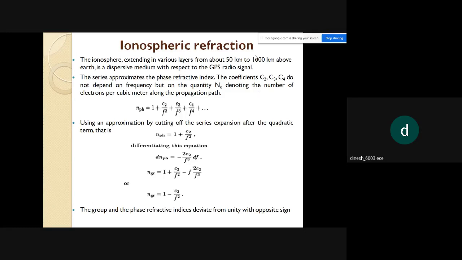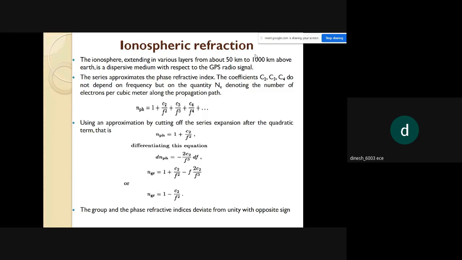So with this we can find Np, which is the refractive index of phase velocity, given by 1 plus c1 by f power 1 plus c2 divided by f power 2 plus c3 divided by f power 3 plus c4 divided by f power 4 till the last expression.